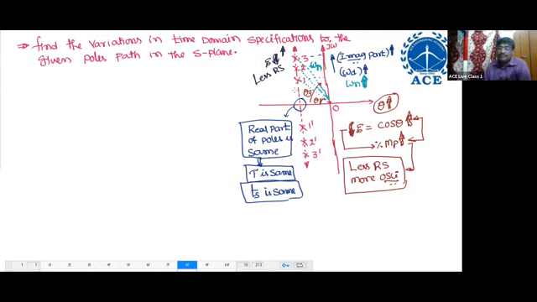Okay? So write all the points. First point, which we already wrote: the real part of the pole is constant, so the time constant is the same.